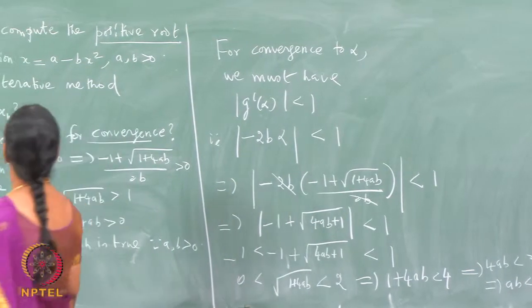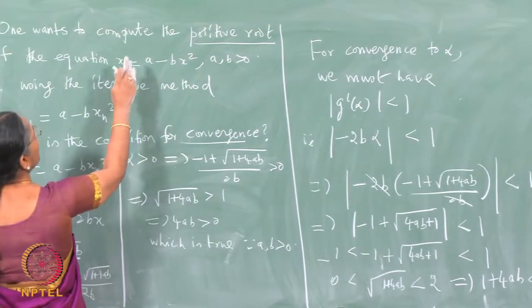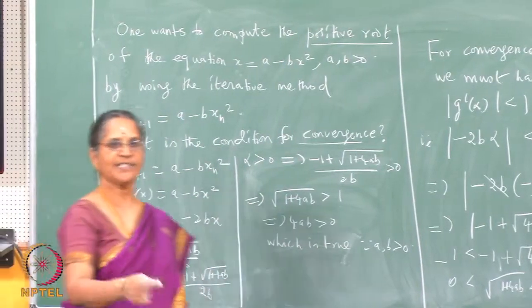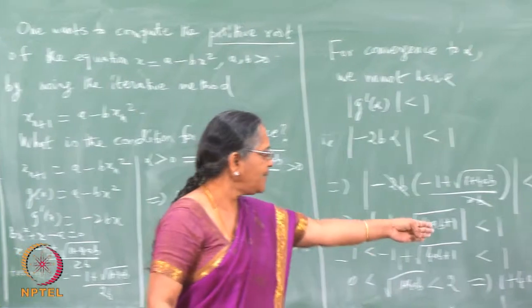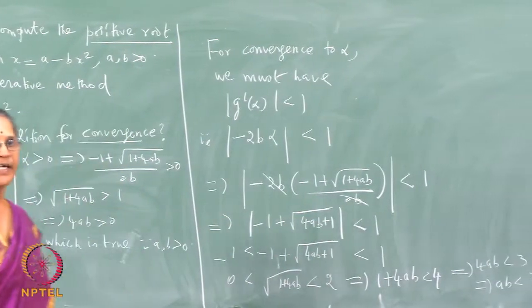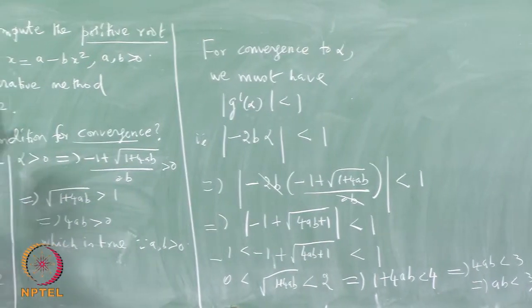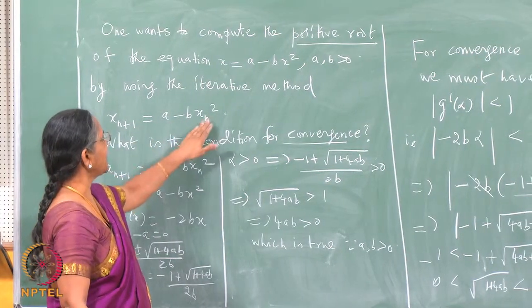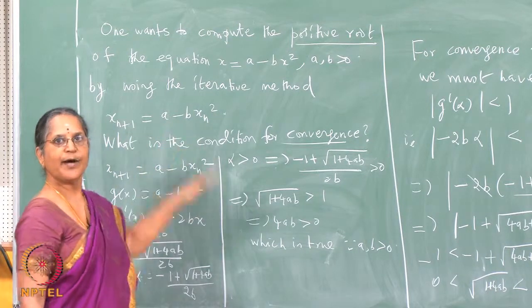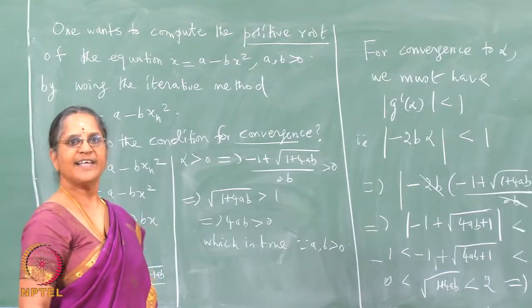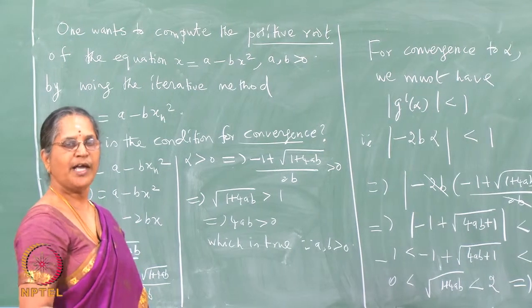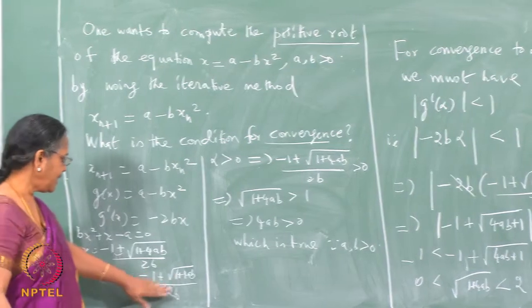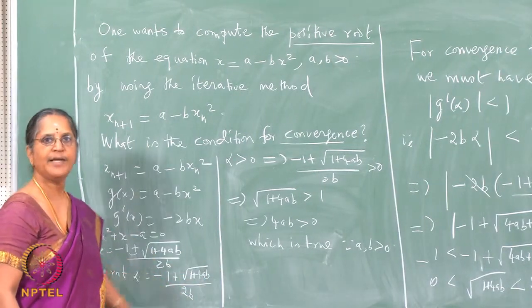So, if you are given an equation of the form x is equal to a minus bx square, where a and b are positive, satisfying the condition that ab is less than 3 by 4, then the iterative method given by x n plus 1 equal to a minus bx n square, which is a fixed point iteration method, is guaranteed to converge to a positive root of the equation given by alpha is equal to minus 1 plus root of 1 plus 4ab by 2b.